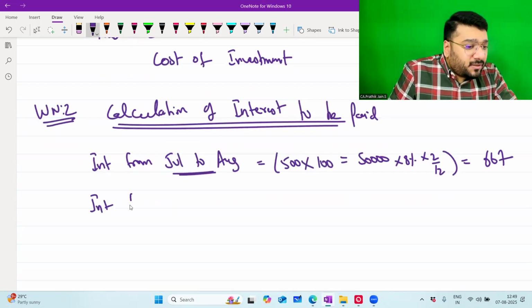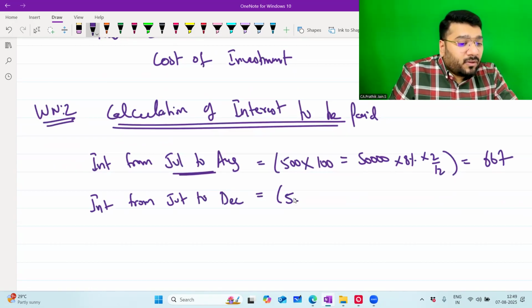What is the interest from July to December? 500 into 100, which is 50,000 into 8% into 6 by 12. How much is it? 2,000.